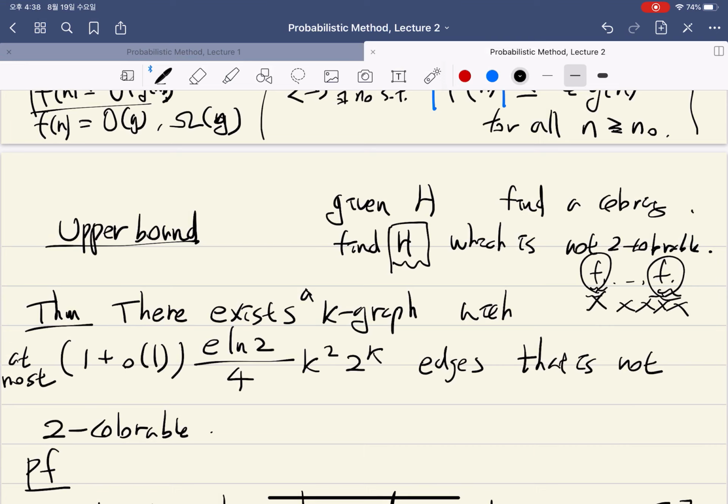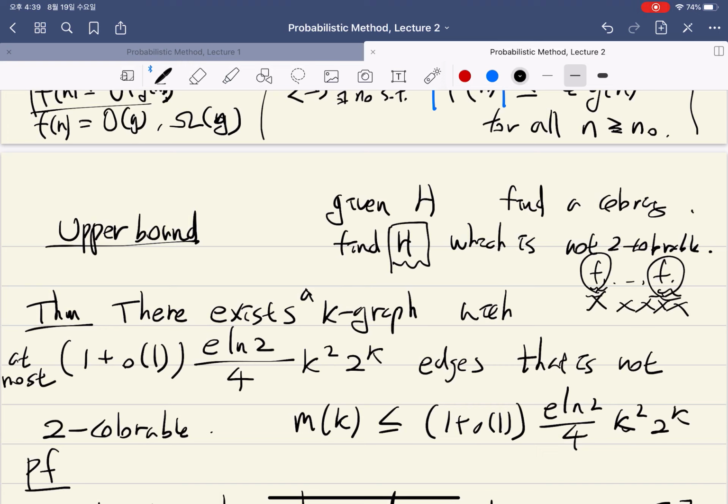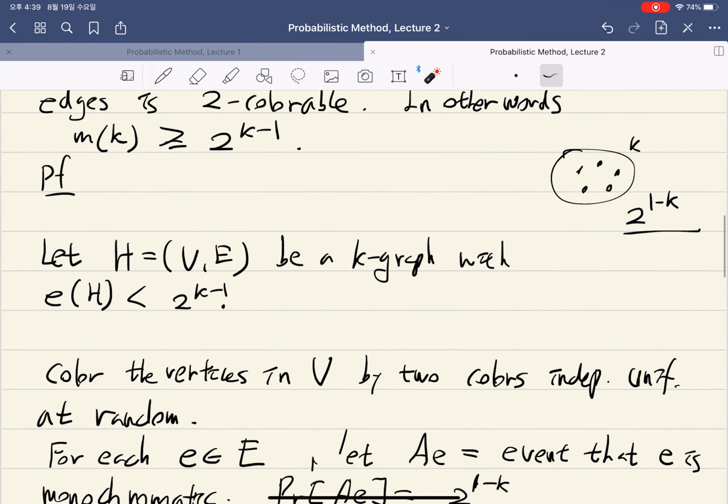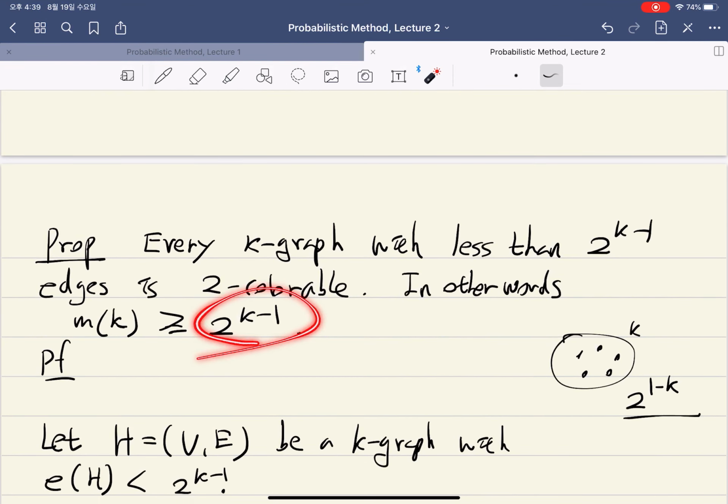So this provides an upper bound of m_k, which is at most 1 plus root of 1 times this constant times k squared and times 2 to the k. So we have an upper bound which is essentially 2 to the k with some polynomial factor k squared, and the lower bound is 2 to the k.